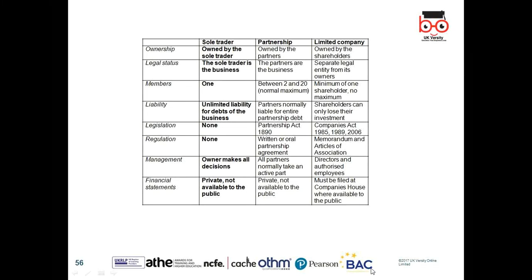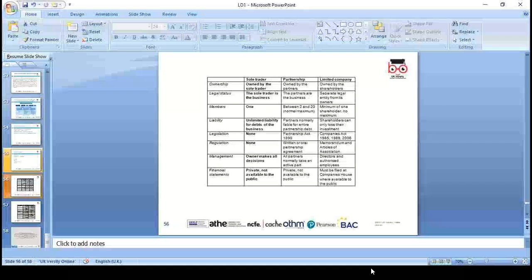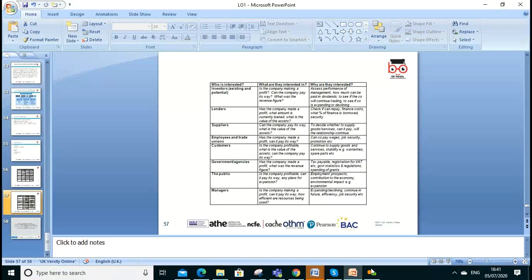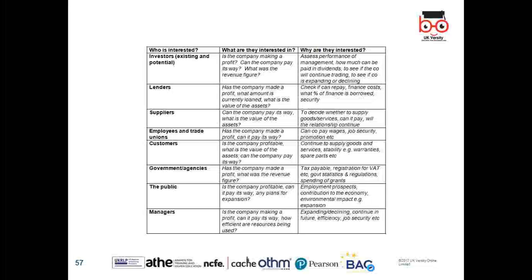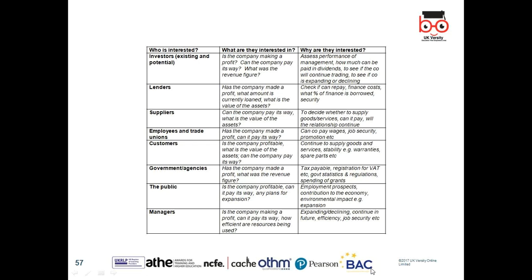All this depends on what kind of business we are: sole trader, partnership, or limited company. Everyone needs information. Investors need to know whether the company is making a profit or not, so they can assess the performance and decide whether to invest more. Lenders look at whether they will give a loan or not.